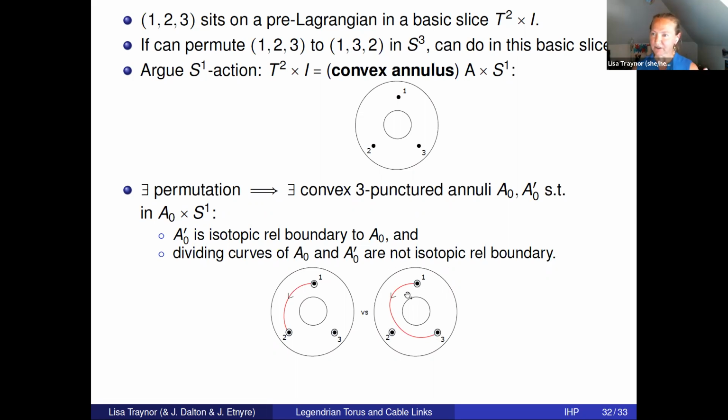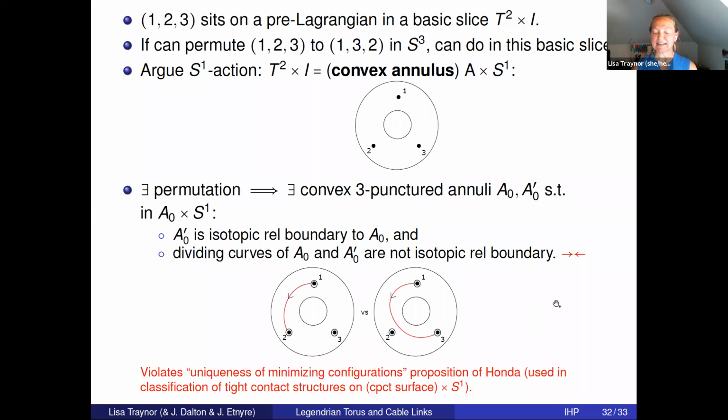So again, we're trying to use the rigidity of the dividing curve to detect rigidity here as an impossibility. And in fact, this violates a proposition of Honda, this uniqueness of minimizing configurations.